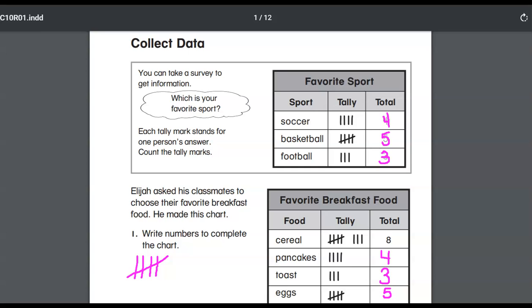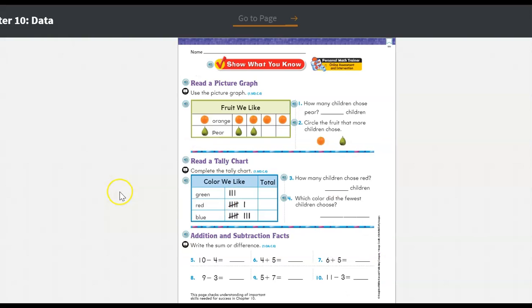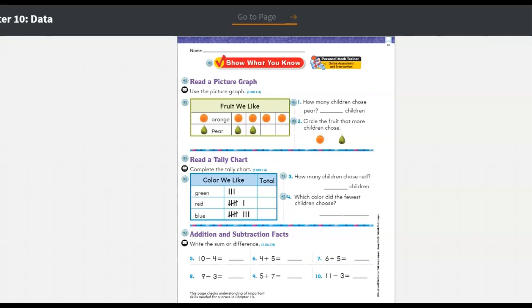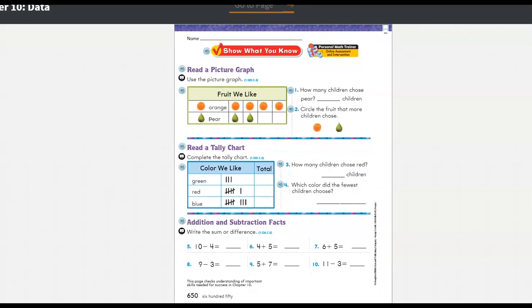Okay? So now that we've had a quick mini lesson, you are going to go back to page 650. And remember, you're either doing 650 in your math book or you're doing it in Google Classroom. Totally your choice. Does not matter to me.